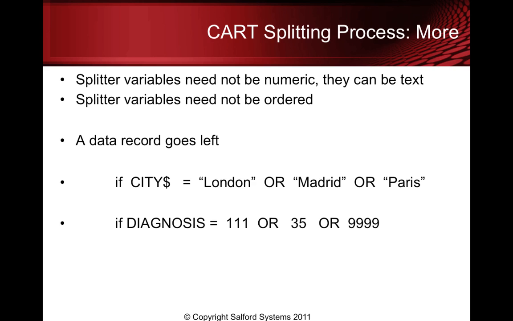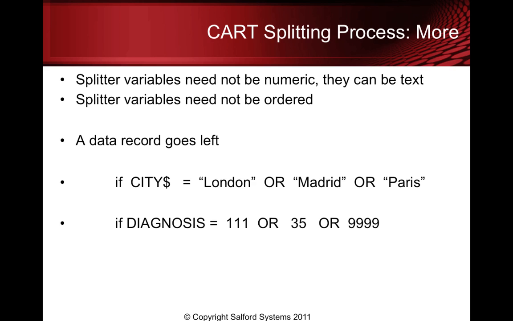So far, we've discussed the CART process of splitting using a continuous variable, but that's not the only possibility. The splitter variables need not be numeric, they can be text. So we could have words like good or bad, or the names of cities where an individual might have lived, London, Madrid, or Paris.